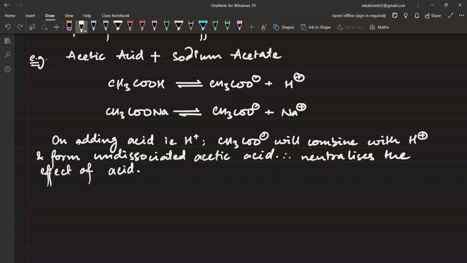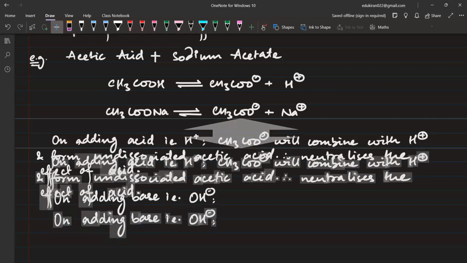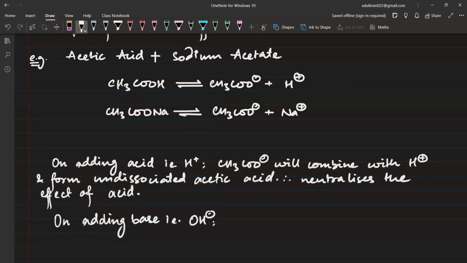Now we have the other thing: what will happen if I add a base. On adding base, that is OH negative, the H plus will combine with OH negative. One more thing to note here: there is one more equilibrium that always exists whenever we have water, the equilibrium of water.